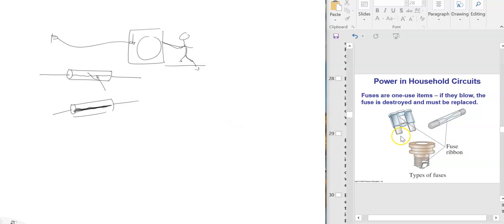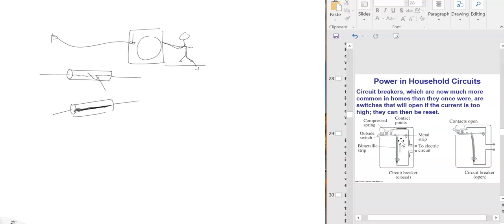Alright, moving on. These are circuit breakers. They're called bimetallic circuit breakers. So there's a very interesting mechanism. There's a metal strip that current goes through, and in case there's too much current going through this, more than the rated amount, this particular metal strip contains two types of metal.